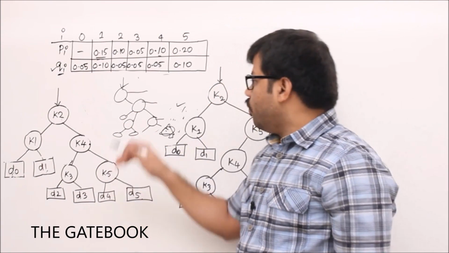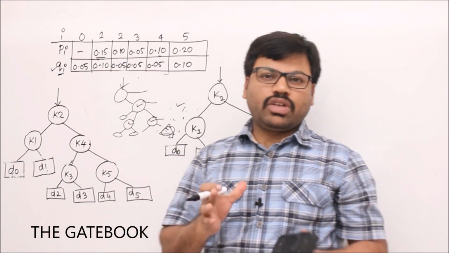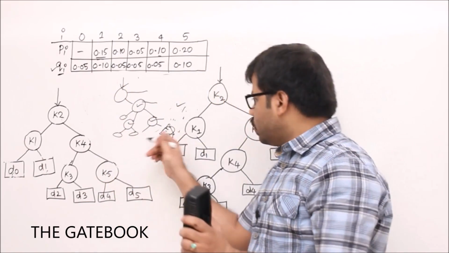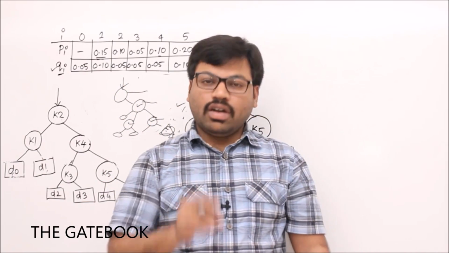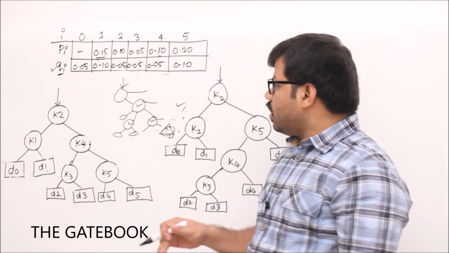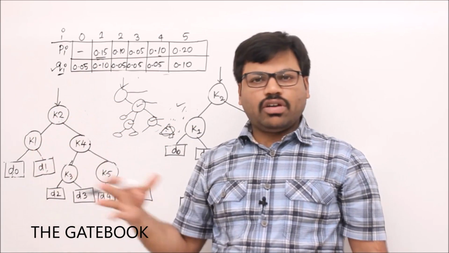At the same time, we have to keep the other keys also, everything. Finally, we have to keep all the keys closer to the root, and all the unsuccessful areas also closer to the root, depending on their frequencies. That is the problem. Now, do you think that just keeping the highest frequent key at the root will work? No, it won't work.